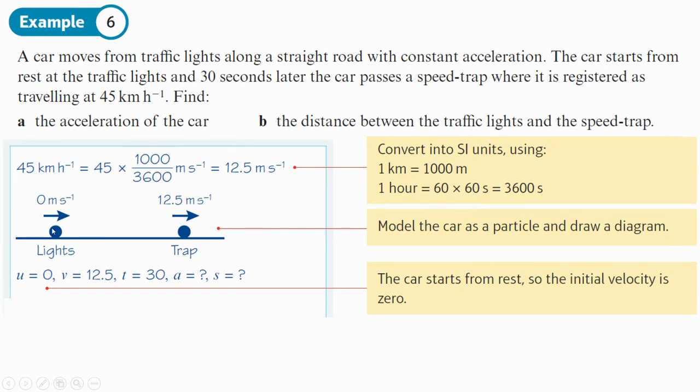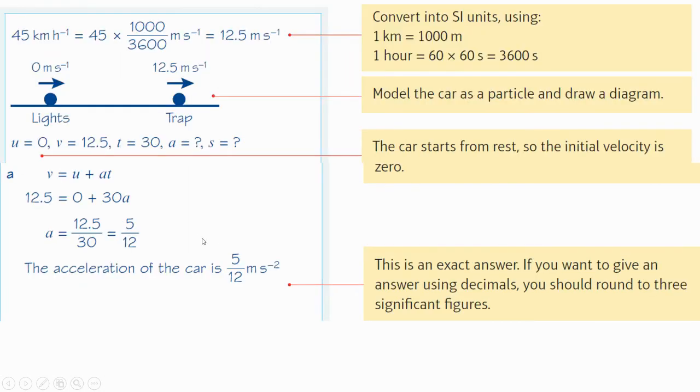Then a little diagram, starting at 0, going to 12.5. We've got the time. We don't know the acceleration, we don't know the distance, and they're the 2 different things we are asked to calculate. So looking at what we've got and what we've got to work out, we should use v equals u plus at for the first one. So put in the numbers we know, and you get 5/12.